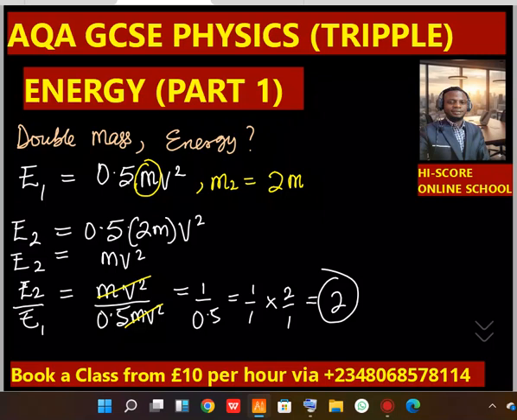It simply means that if the mass is doubled, the final energy is twice the initial energy. Therefore, if we double the mass, energy will be doubled also.